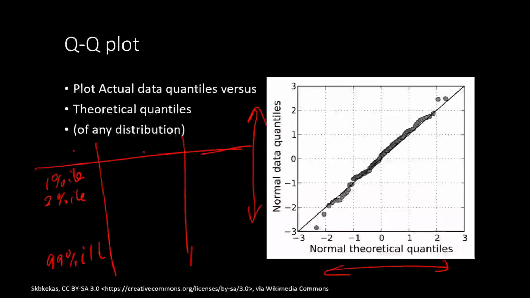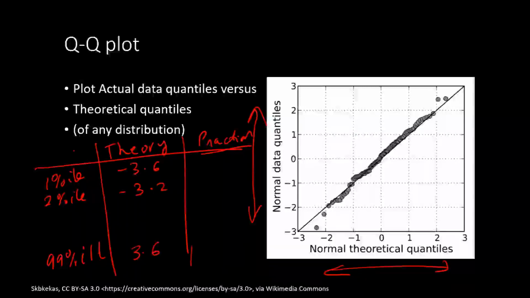So this is the theoretical Gaussian, and this is the practical data point. So let's say this gives us a value of minus 3.6, minus 3.2, etc., and this gives us a value of 2.4. A standard normal Gaussian would be symmetric, so let's say it's something like 3.6.